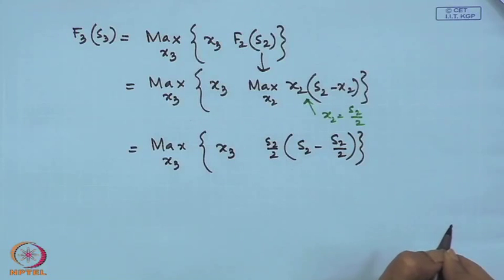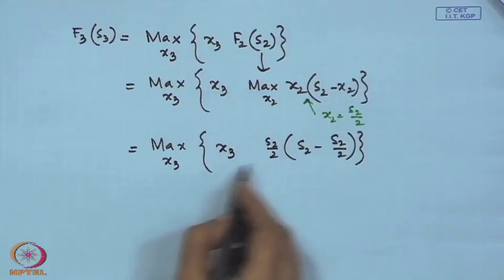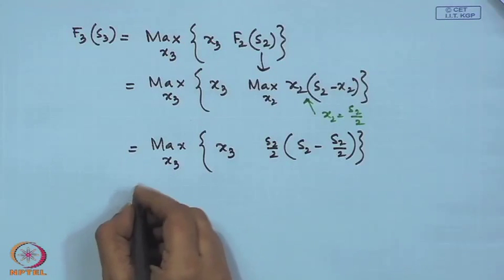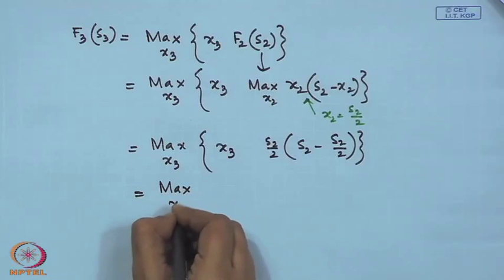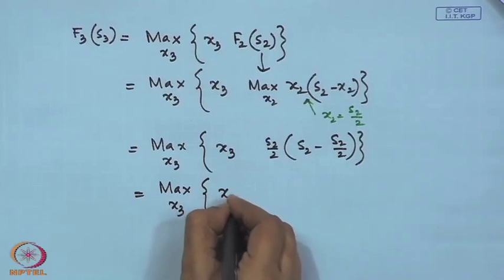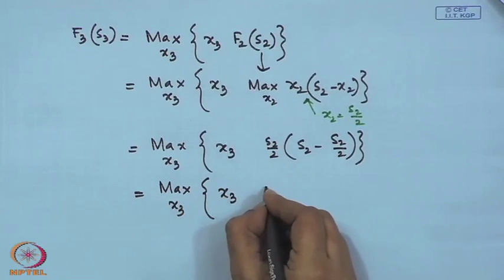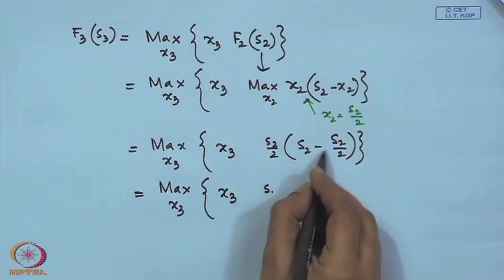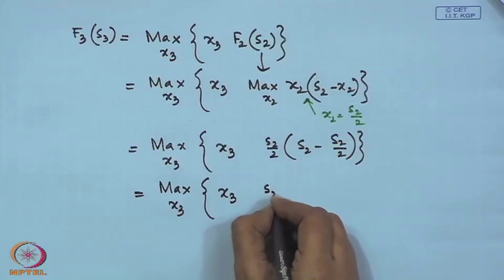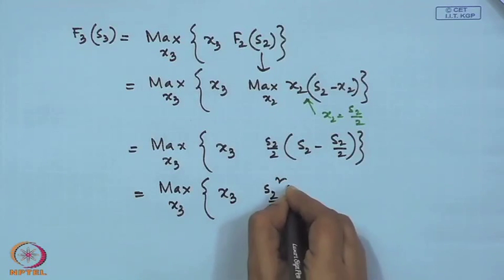Now it is a problem of a single variable, and it is coming maximization of x3 times s2 square by 2 times s2 square by 4, that means s2 square by 4 we are getting.